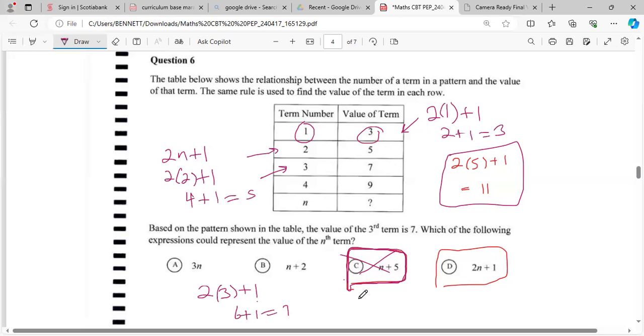For 4, 2 times 4, 8 plus 1, 9. That means for the nth term, to get the y value, it's always 2n plus 1. And Kalyan did that: 2 times 5, 10 plus 1, 11.